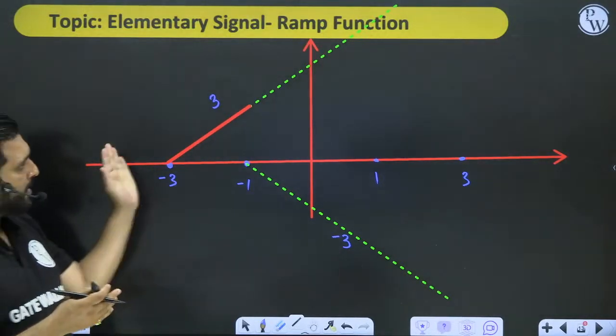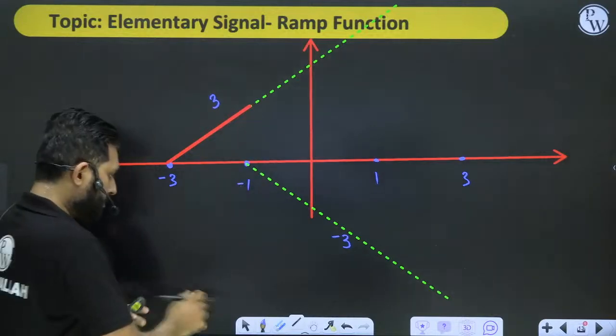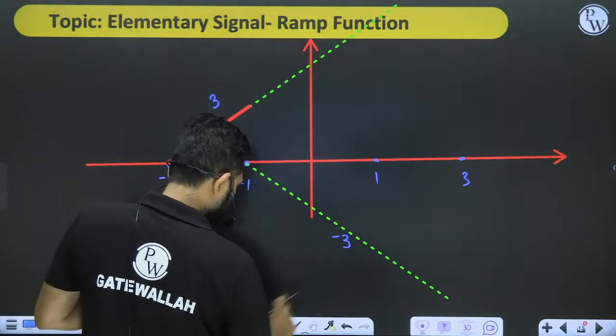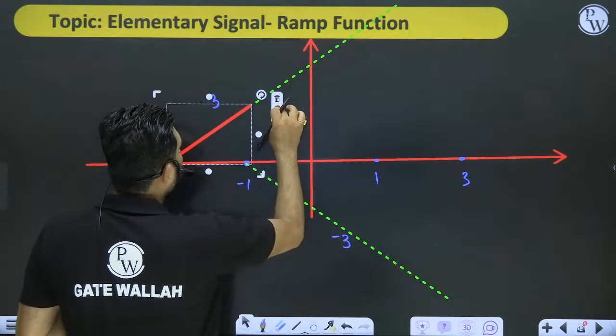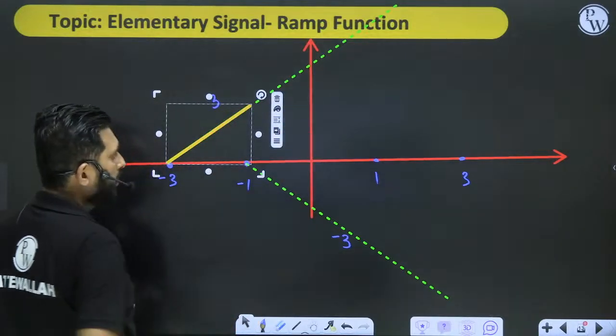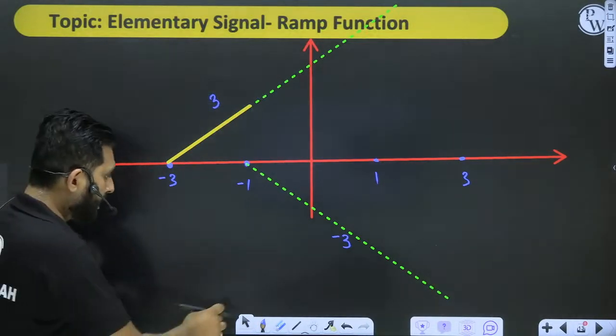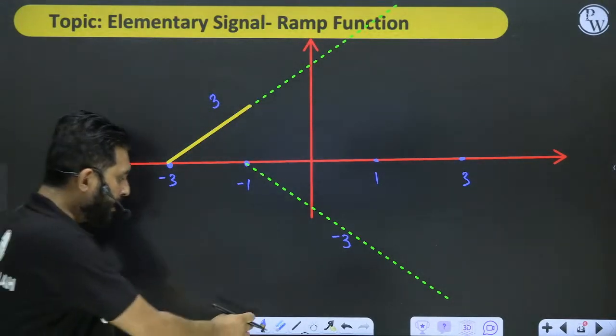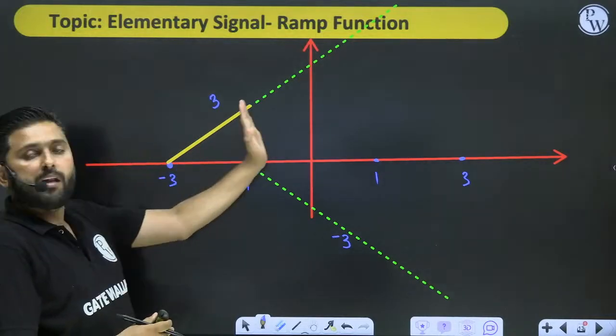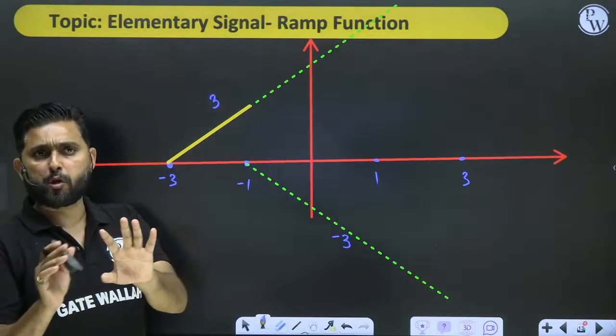Let's change the color. The ramp will continue its journey till -1 if no one stops it.